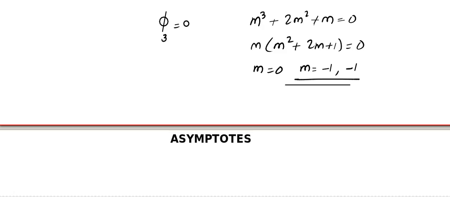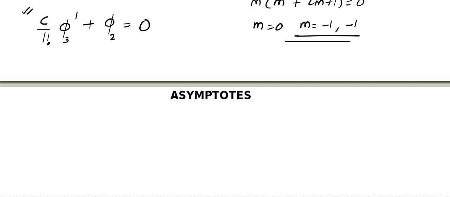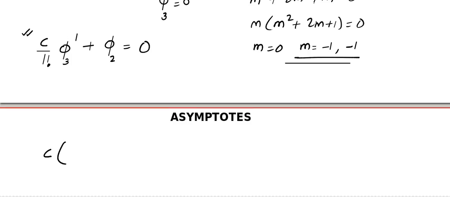Second equation is c by 1 factorial phi 3 dash plus phi 2 is equal to 0. This is the second equation. And that will be like c into, what is the derivative of phi 3?